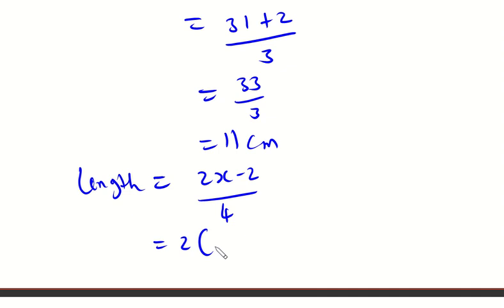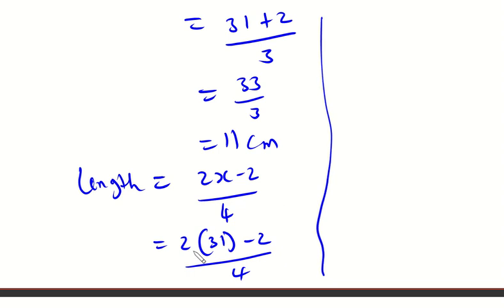Again, x is 31. So 2 times 31 minus 2, over 4. 2 times 31 is 62, minus 2 over 4. 62 minus 2 is 60 over 4, and 4 into 60 is 15.